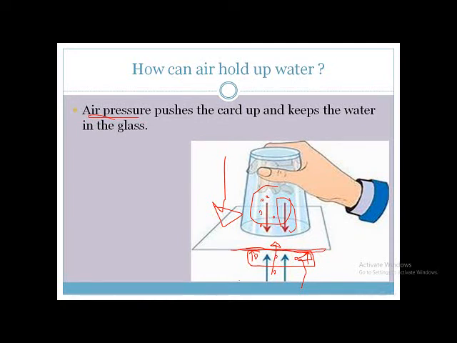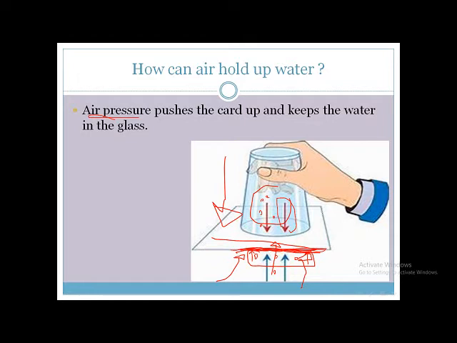So when I talk about the collision between the card, the water, and this air gas, that means I have a force applied on the surface here, and this force prevents the water from falling down. This force is applied in this area.